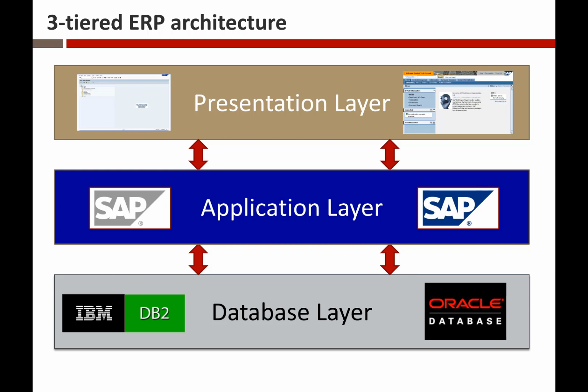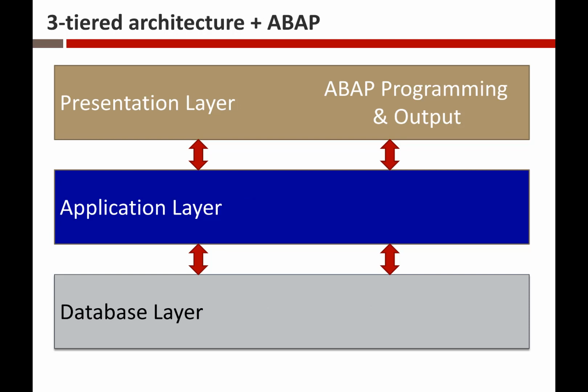So we have this three-tiered architecture. Now, what does this mean in terms of ABAP development? Well, I mentioned this last time. You will actually write your ABAP program in the SAP GUI. So if you think of it from that perspective, the presentation layer is where you do your ABAP programming.